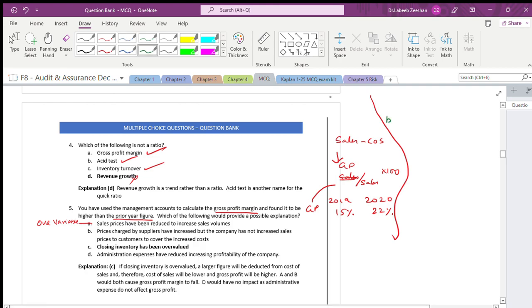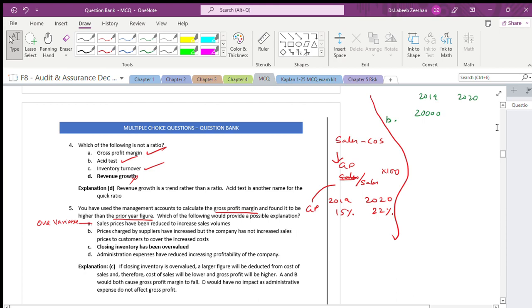Option B: prices charged by suppliers have increased, but the company has not increased the sales price to customers to cover the increase. What is the sales? Assume that sales is 20,000. This is for year 2019. This is for 2020.